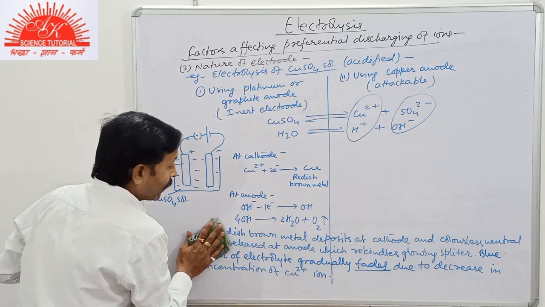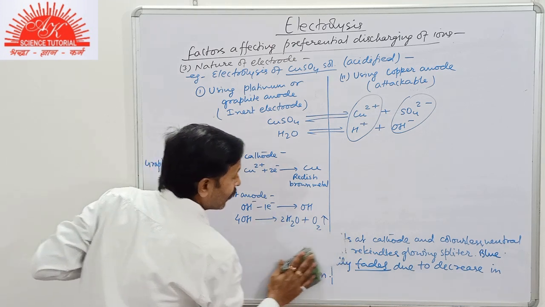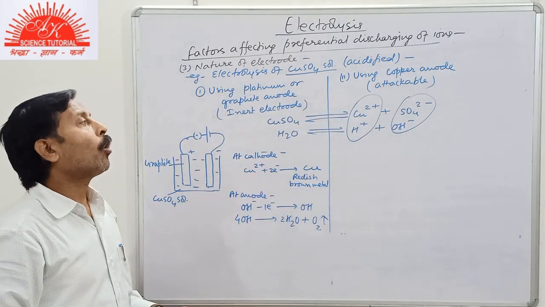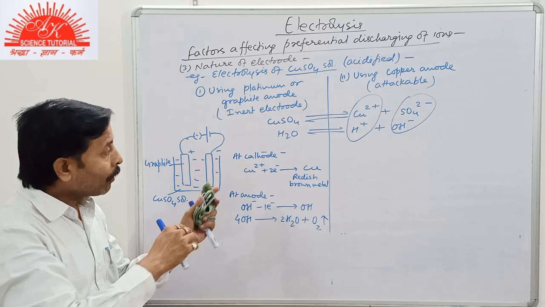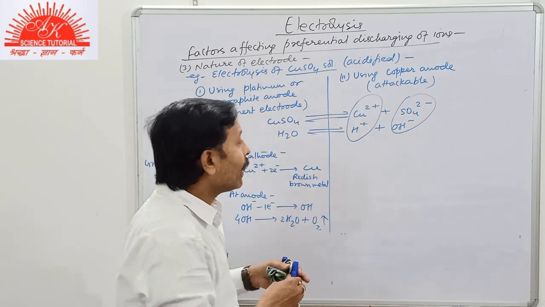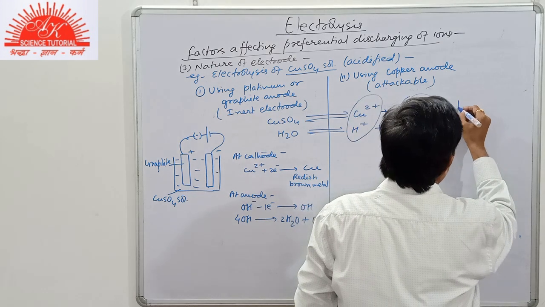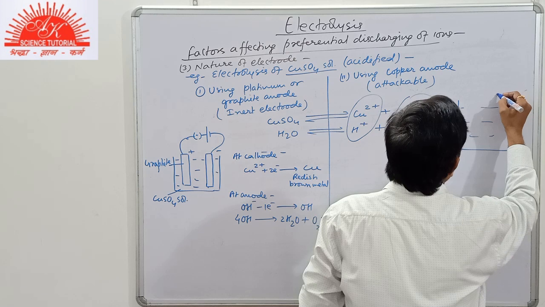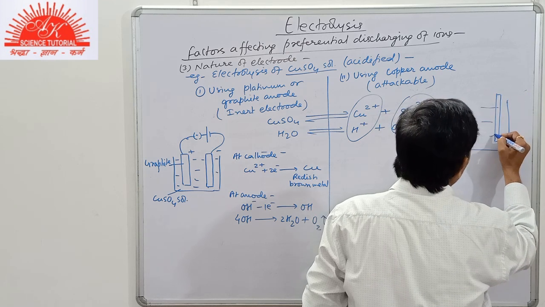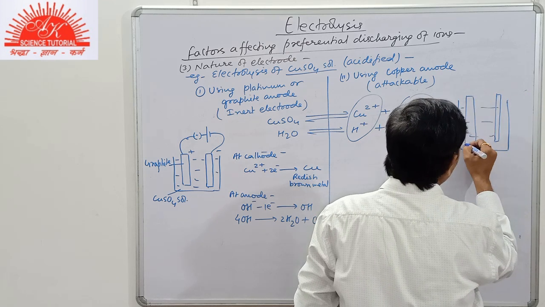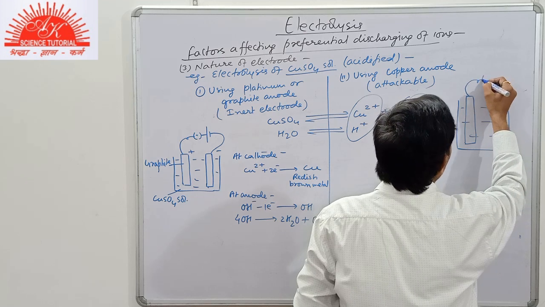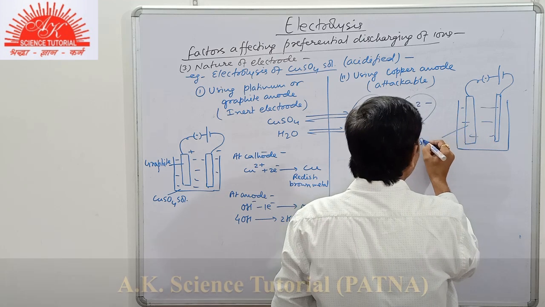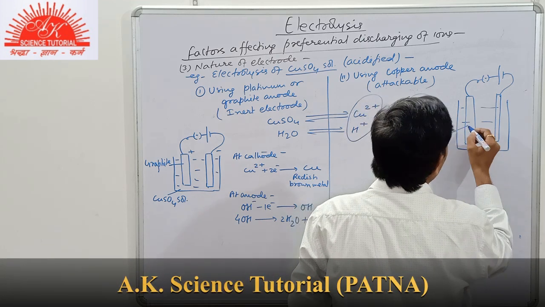Now come to the next part, that is on this side, using copper anode. That is, now we will compare if we have attackable electrode, like you see, suppose again, just as I have mentioned, it does not matter what the cathode material is, but we have to see here the anode should be made up of copper.